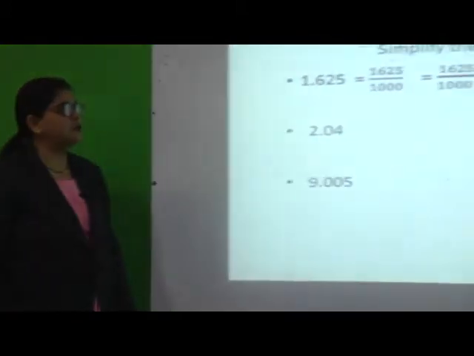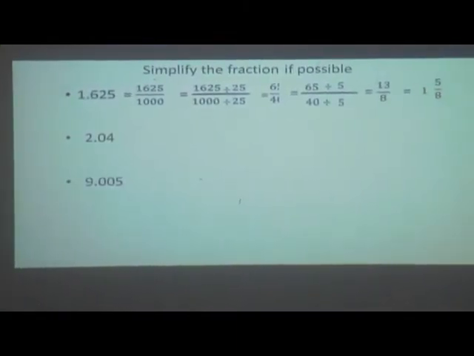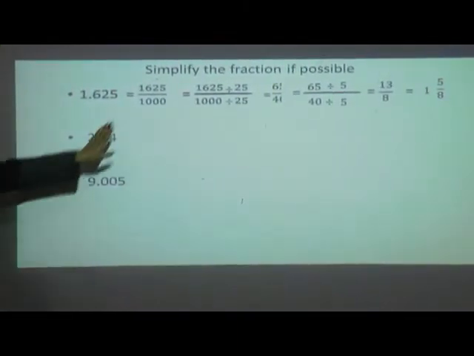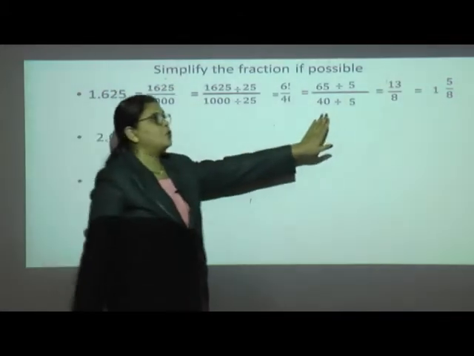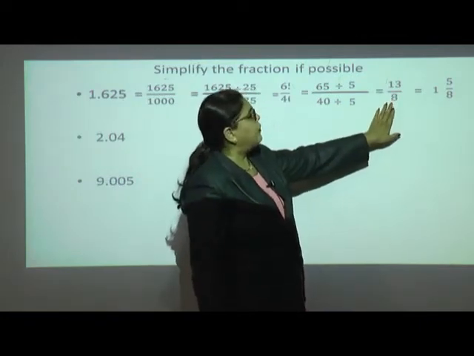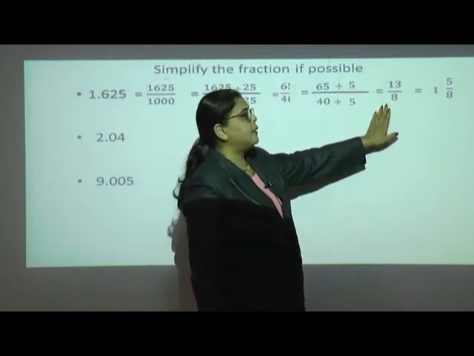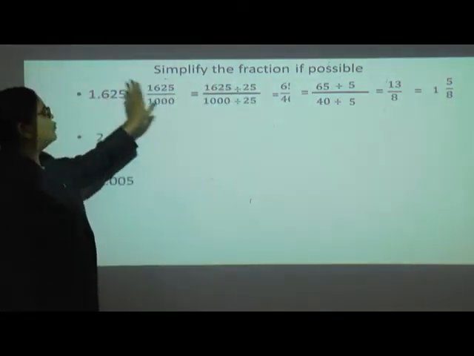So we will see here simplification of fractions, if possible. If possible, we have to simplify. The word simplify means it should be to the lowest term. Lowest term means, you know, already we had learned in the fractions chapter. In decimals, first we have to convert the given decimal into fraction.